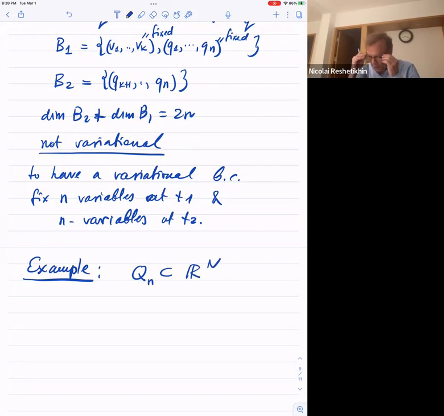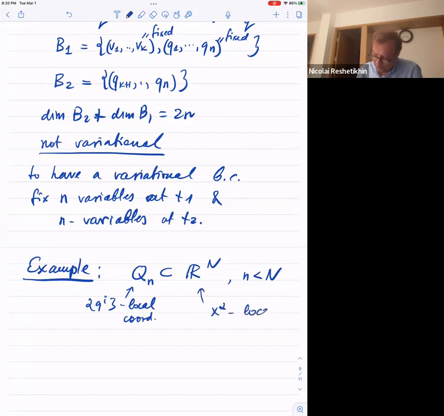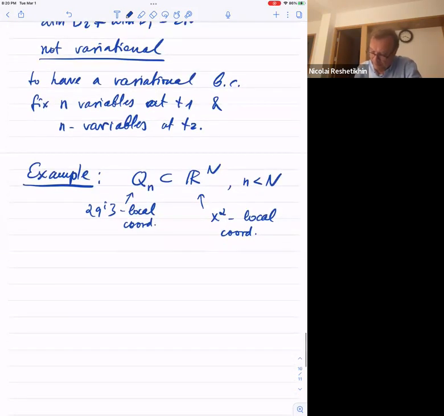It's embedded into some kind of capital-N-dimensional manifold, with n less than N. Let's assume that q^i are local coordinates here, and x^alpha are local coordinates here.